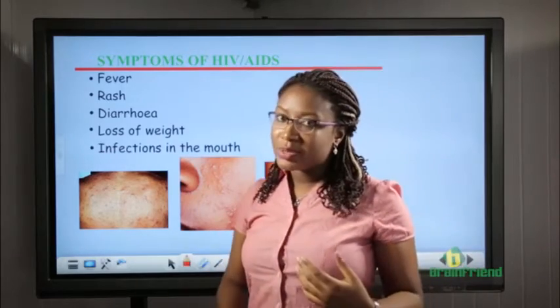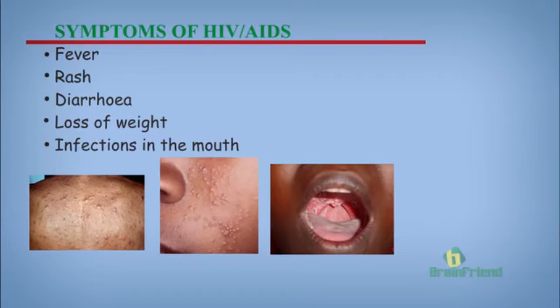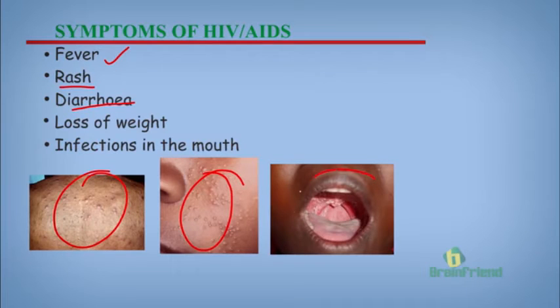And there are symptoms of HIV/AIDS, which include fever, rash, and diarrhea. The rash we have on the face, we have at the back, and then infections in the mouth. We can see how it looks. So these are symptoms of HIV/AIDS.